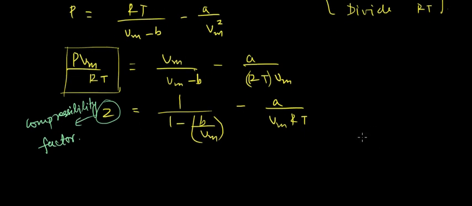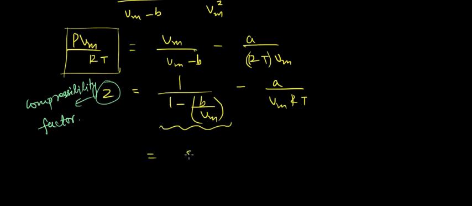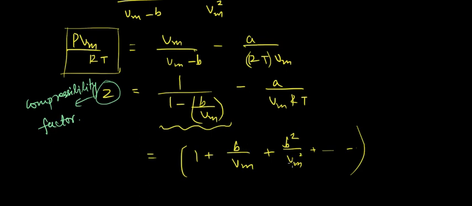From here we can write that this is nothing but a summation of 1 plus b upon Vm plus b square upon Vm square and so on. So this would just be a geometric sum of these values minus a upon Vm RT.